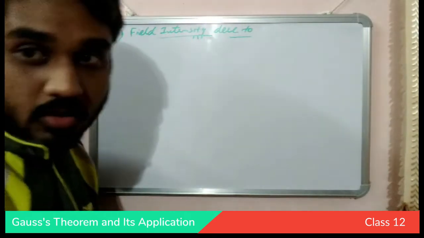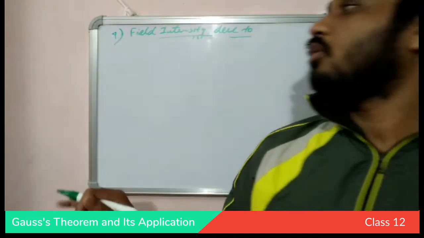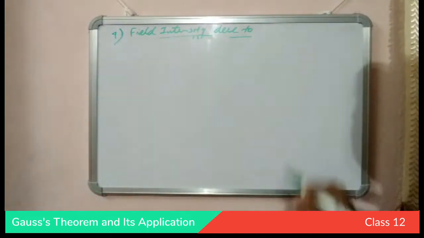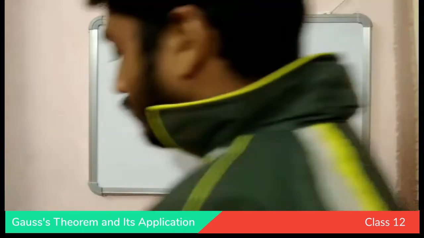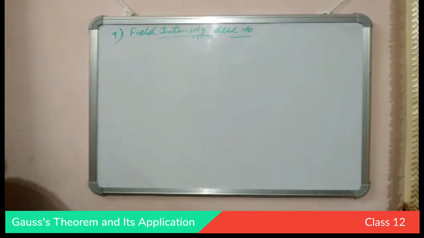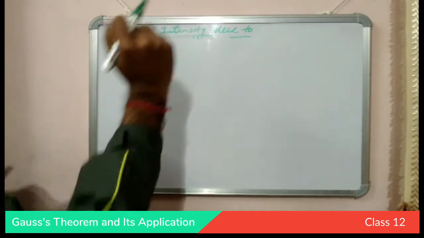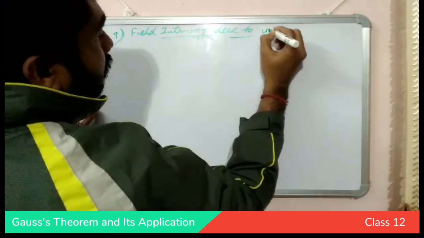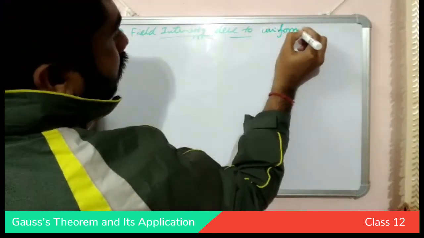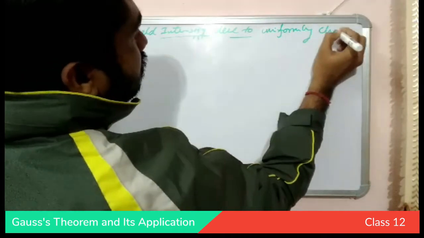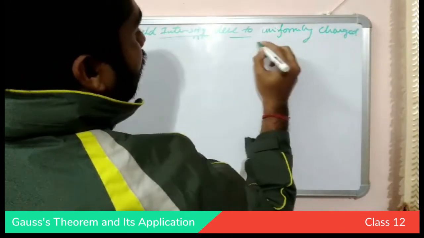So let's go to number 4, that is the field intensity due to a uniformly charged lamina.